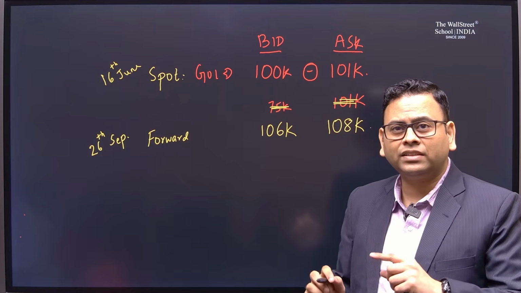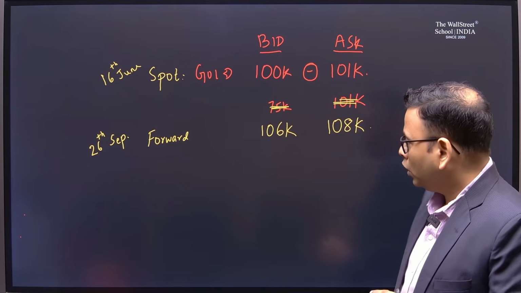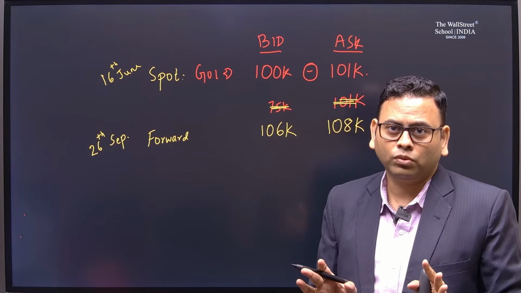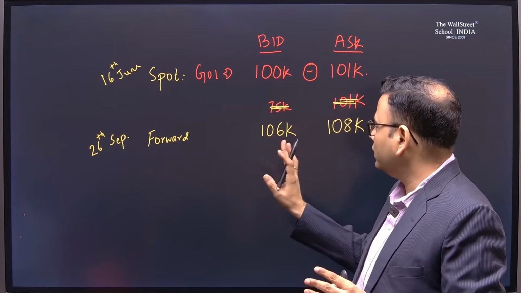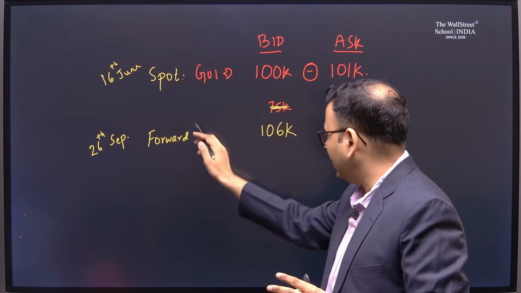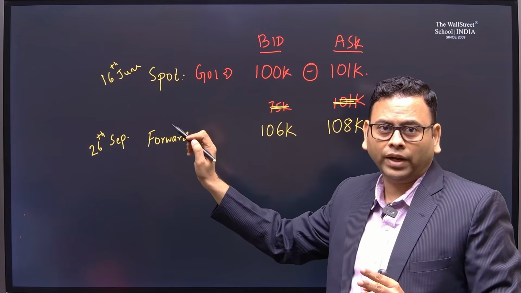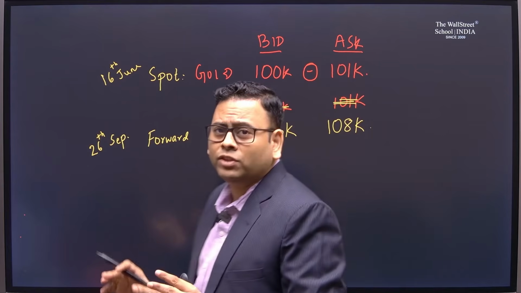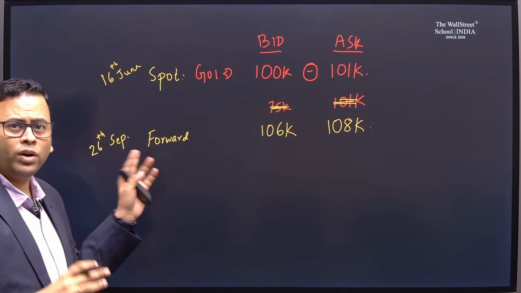So this 108,000 would be settled against the spot price of 26th of September. So, this 26th of September spot price we do not know, right. So, as of today all we know is what would be the forward price as of 16th of June, right, and the forward date is 26th of September. So, one thing which people confuse here is 26th of September, what does it actually mean?